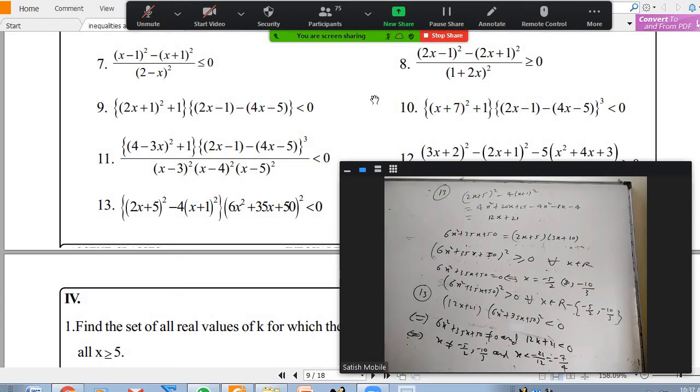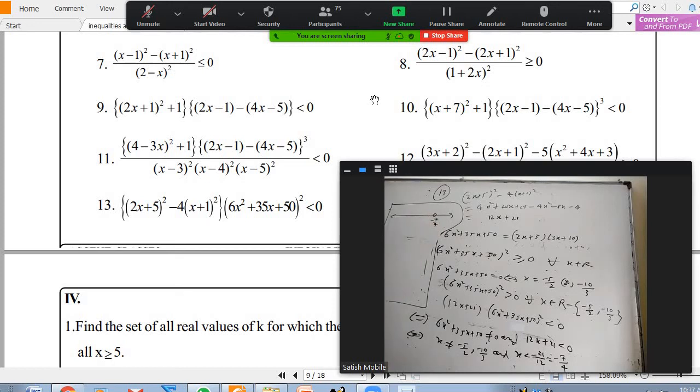So if you really take a number line, right on the top. If I take the number line first, minus 7 by 4 is somewhere here.